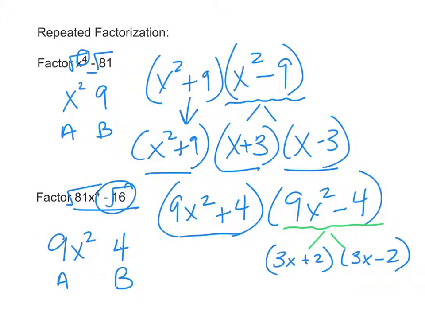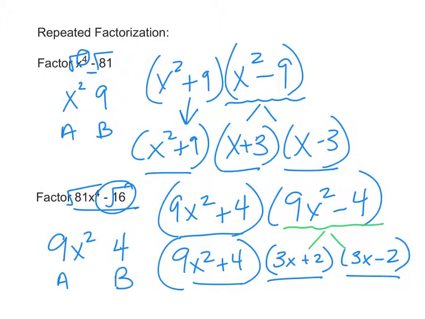And then we just bring this down here, because that's the other factor in this case, because we are looking at a fourth degree term. So the factors for 81x to the power of 4 minus 16 are 9x squared plus 4, 3x plus 2, and 3x minus 2. So repeated factorization is just an expansion on the concept of the difference of squares.